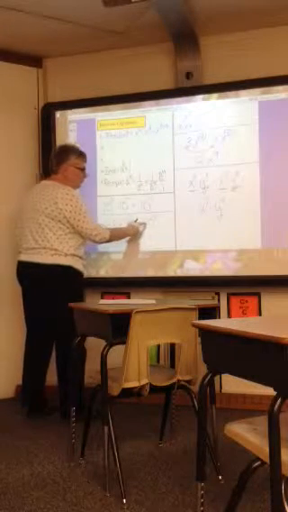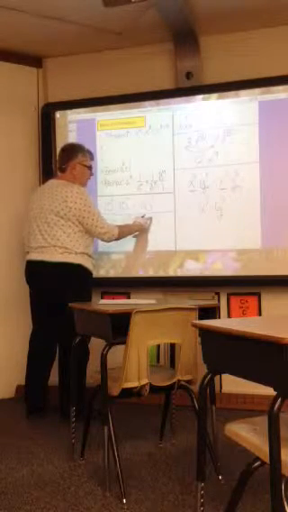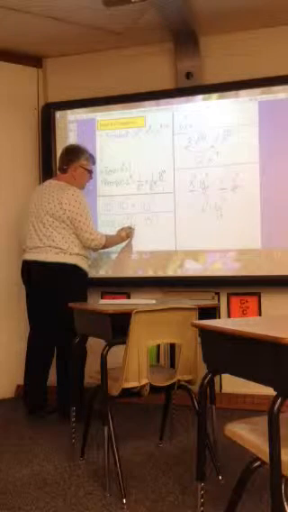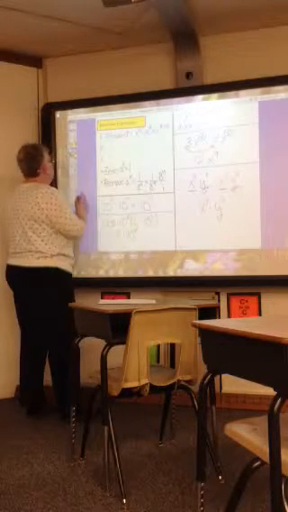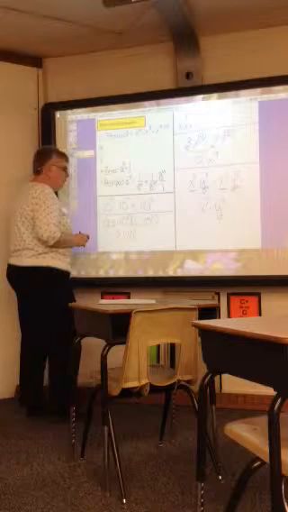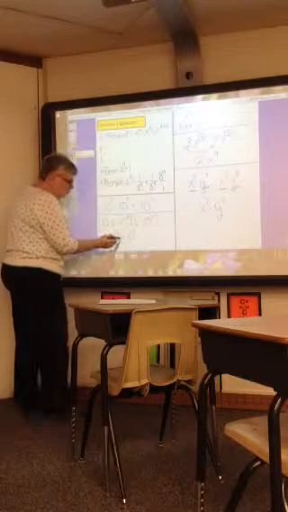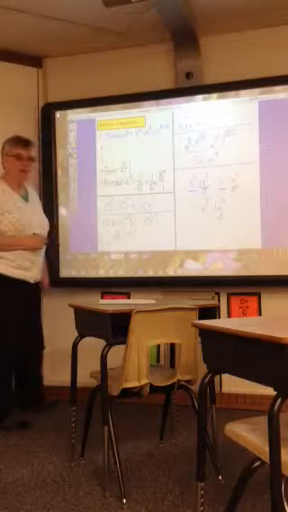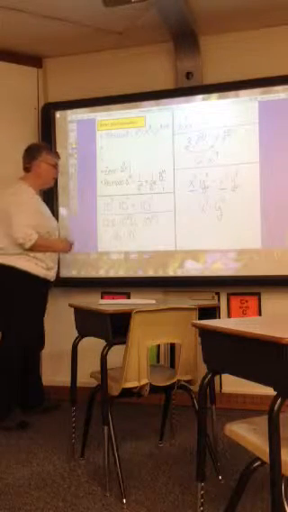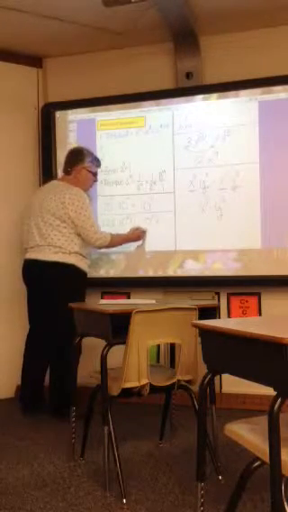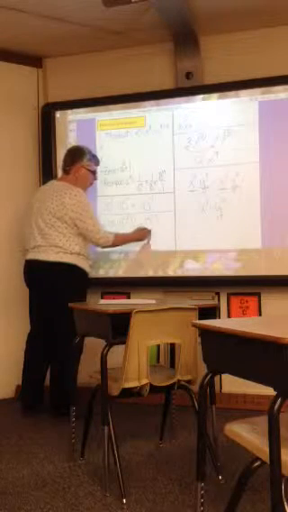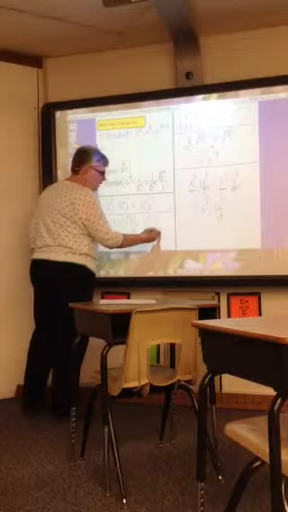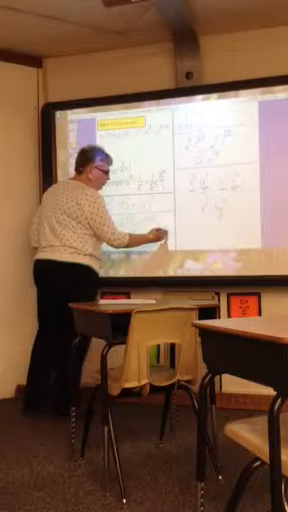Then the 10s, same base, add the exponents, so I have 10 to the 11th. Now the only problem with this is it's not written in scientific notation. We need to move the decimal one place to the left. And when I move it one place to the left, I add another power. So this becomes 1.5 times 10 to the 12th.